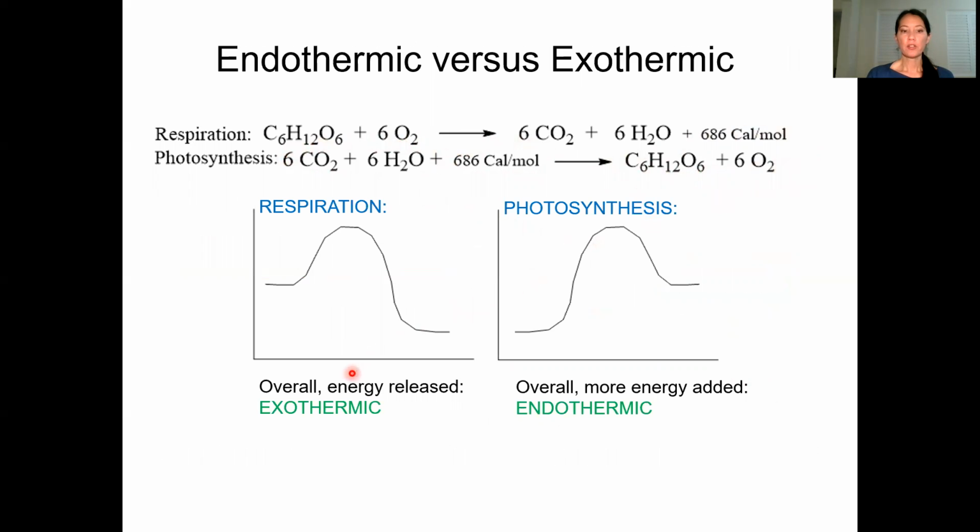So if respiration looks like this, exothermic, endothermic, the biggest difference is you have a much greater uphill climb because you have to overall add more energy, and then you only release a little bit, but not even enough to make up what you added. So overall, the net is a positive delta H from here to here. So again, it's the energy of the products minus the reactants. So you can see that's a positive number there. Overall, I had to add energy.